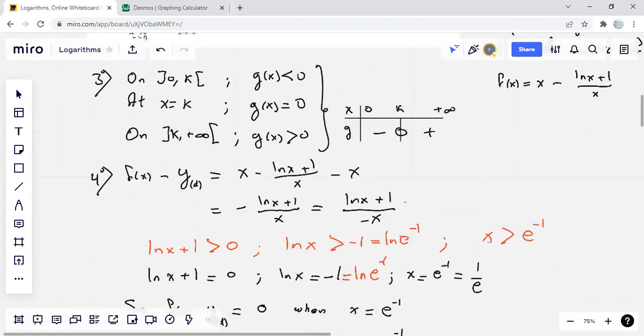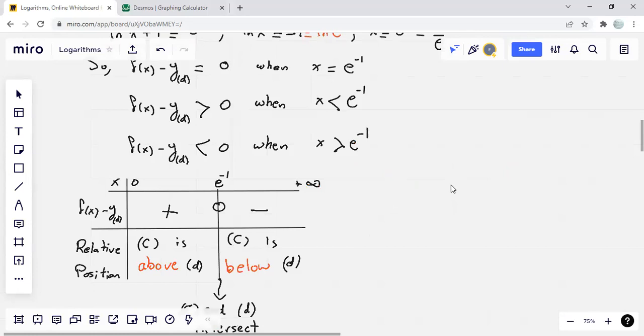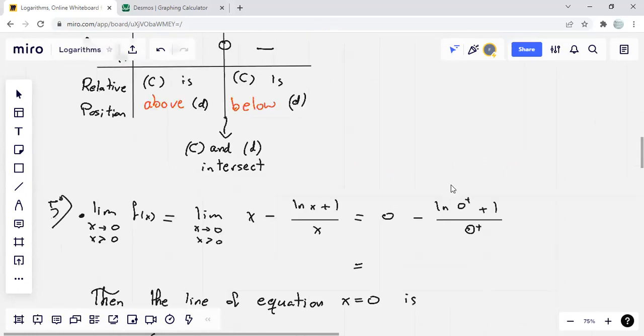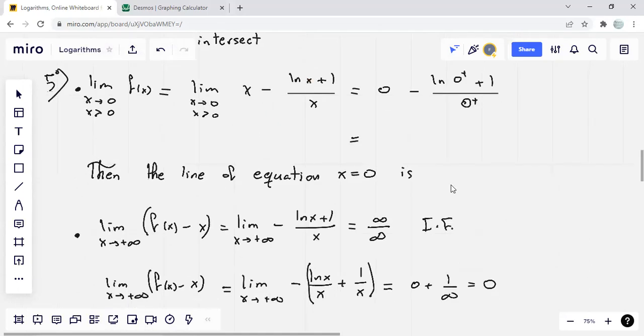Okay, the part after that they asked us to find these limits and interpret the results. Okay, so first limit f of x as x tends to 0 and x is greater than 0 يعني x كأنه tends to 0 plus. هيدا الاف حطيناها بقيمتها، عوضنا الاكس 0، شو راح يصير عندنا هون؟ راح يصير عندنا 0 minus ln 0 plus 1 is minus infinity plus 1 حد الانفينيتي ما لها طعمه، ف over 0 plus. هاو بدنا ننتبه لهم منيح انه هيدي منا indeterminate form.